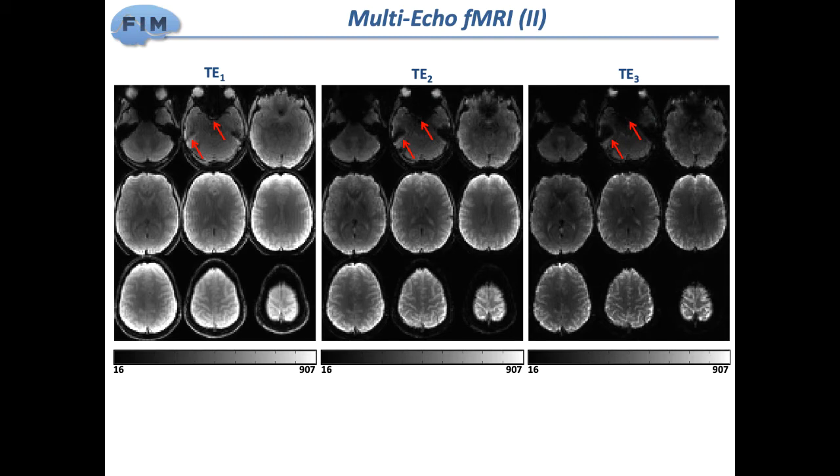So we can see that by having also acquired data at earlier echoes, we have recovered signal in some regions. The later echo doesn't seem to do better in that sense, but it will also give us some information. But the first take-home message is that if we find a smart way to potentially combine all this data, we might be able to recover signal and tSNR in areas where we had problems before.